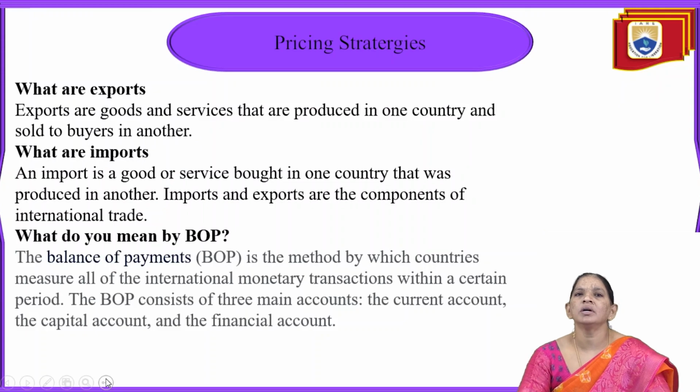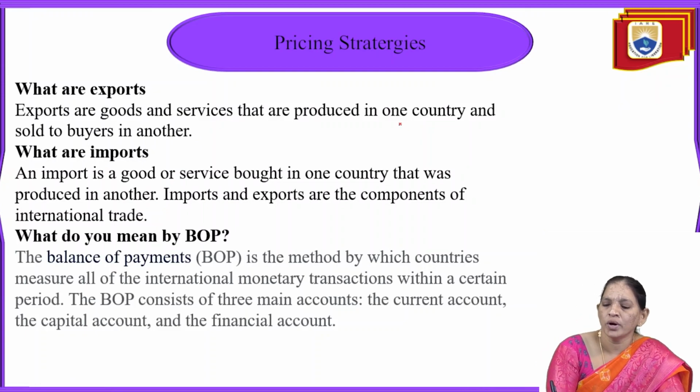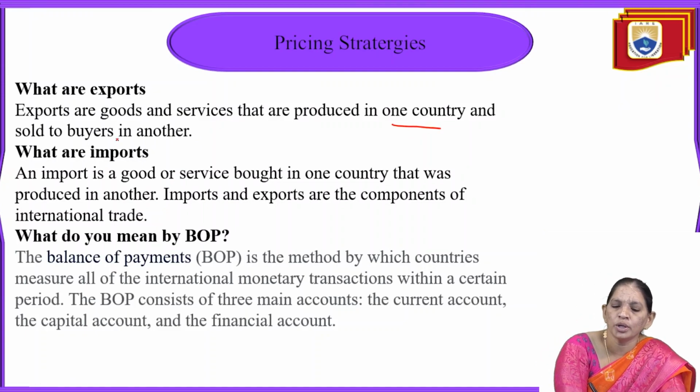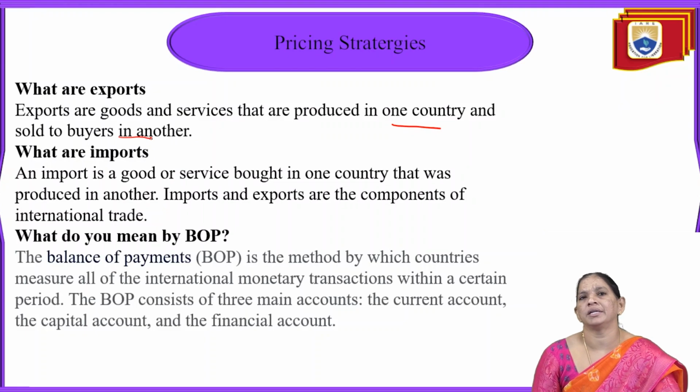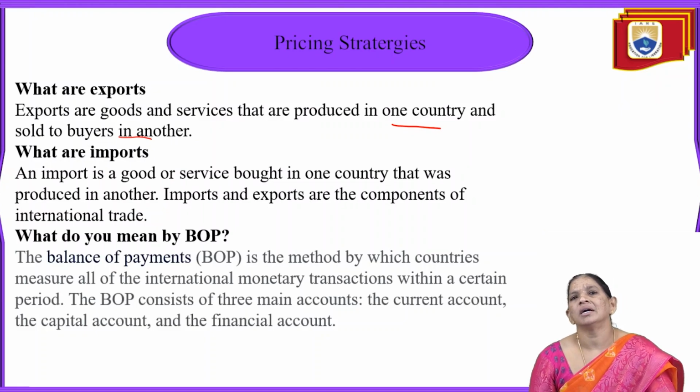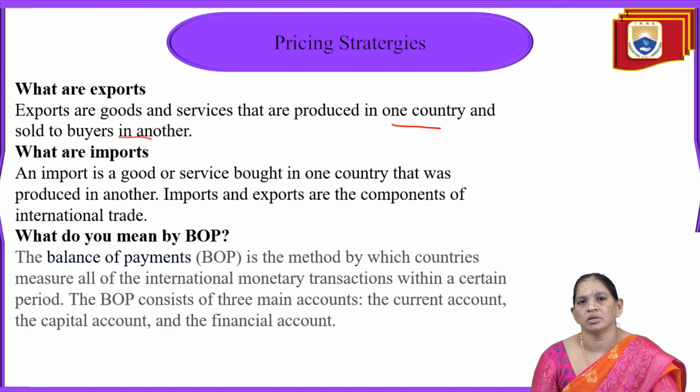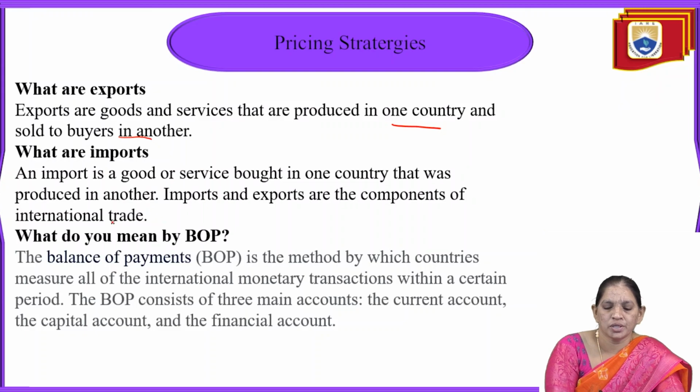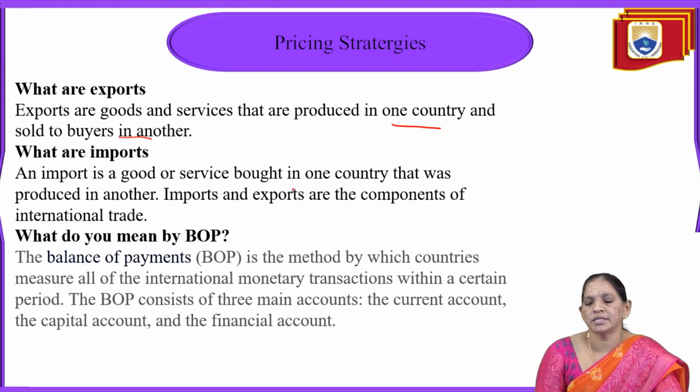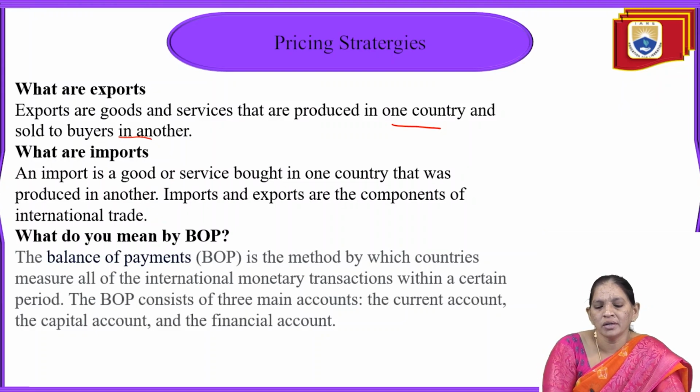Next, what are exports? Exports are goods and services that are produced in one country and sold to a buyer in another country. Then what are imports? An import of goods and services is one country buying what is produced in another.